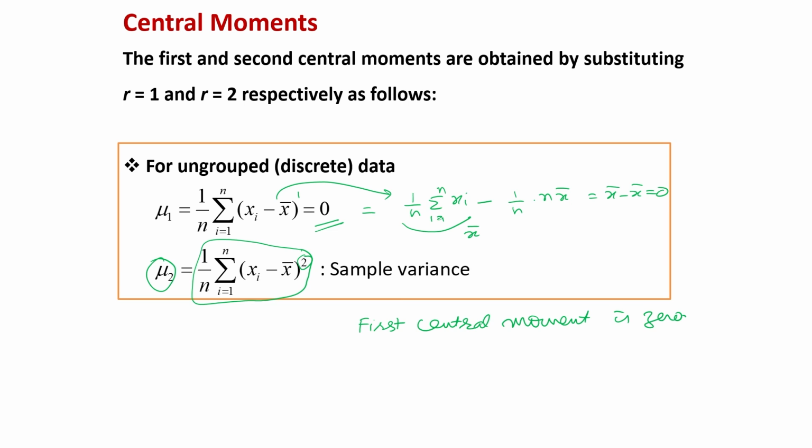If you try to recall, this is how you have defined the variance. So, this second central moment is variance. So, first raw moment is arithmetic mean, and first central moment is always 0, and second central moment is your variance.